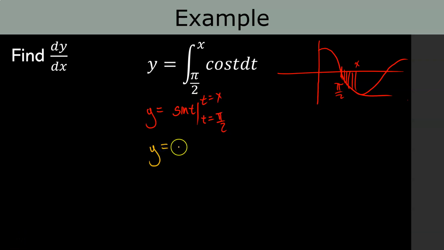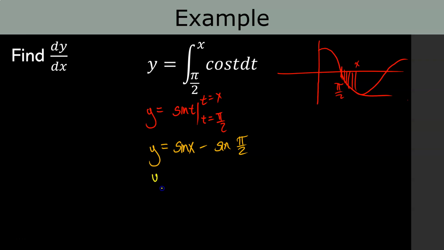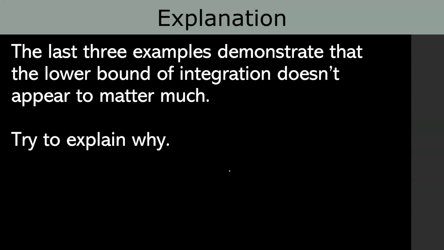And then y is equal to sine of x minus sine of pi halves. And then again, it doesn't matter. That's super weird. That lower bound of integration doesn't matter. The derivative of sine of x is cosine of x, and the derivative of any constant is going to be 0.